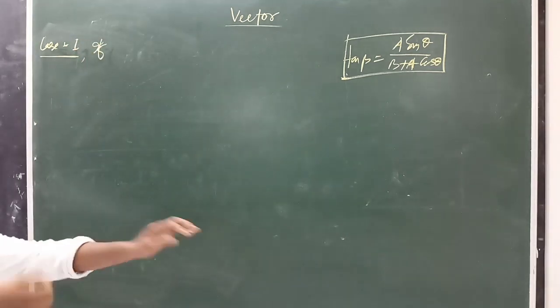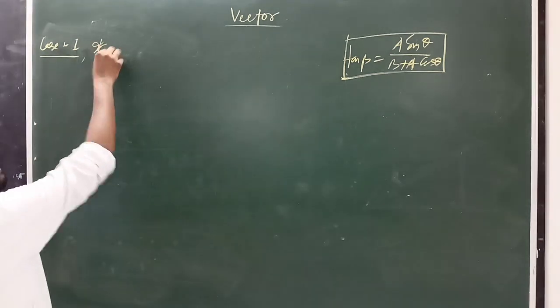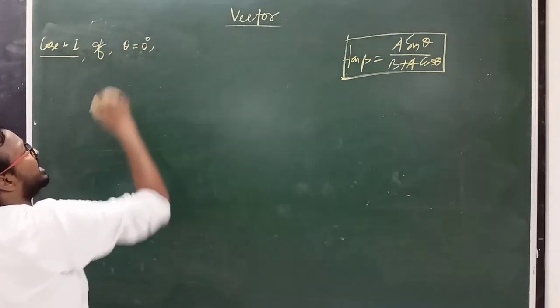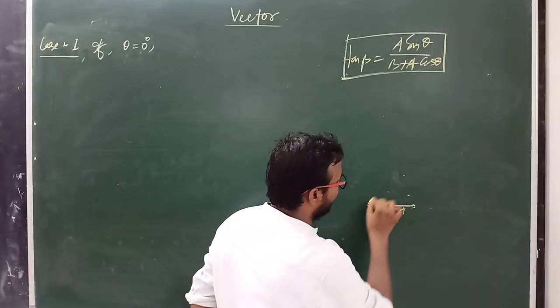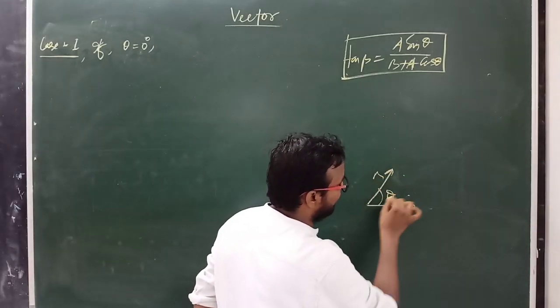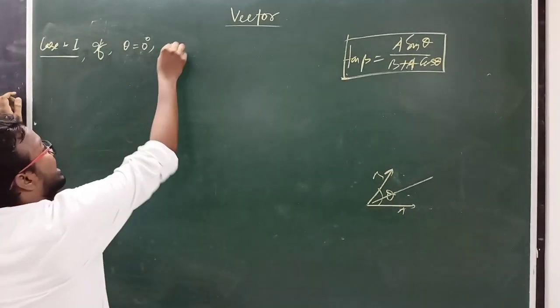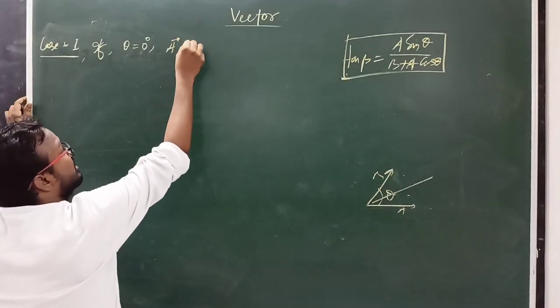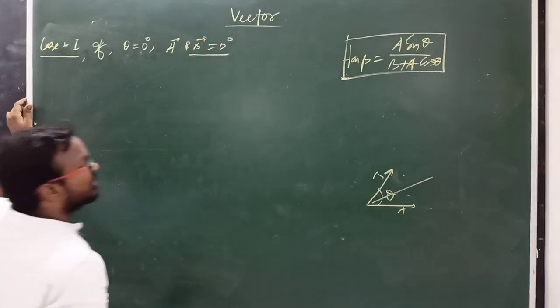Theta is angle between A vector and B vector. Suppose here theta equal to 0 degree, means angle between A vector and B vector is 0 degree.